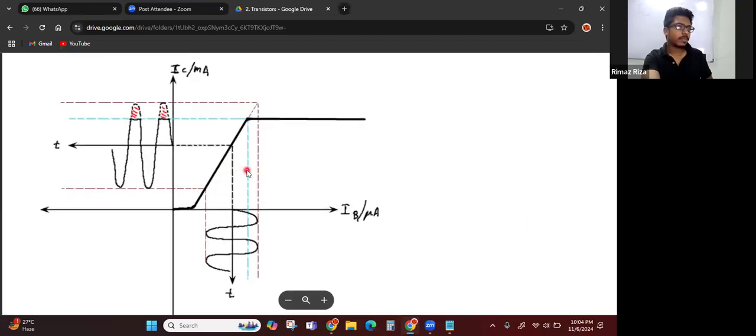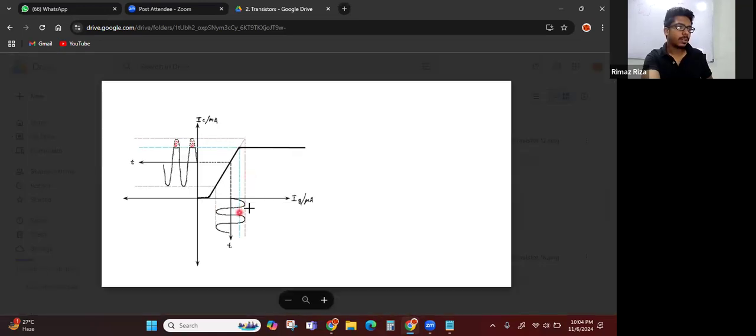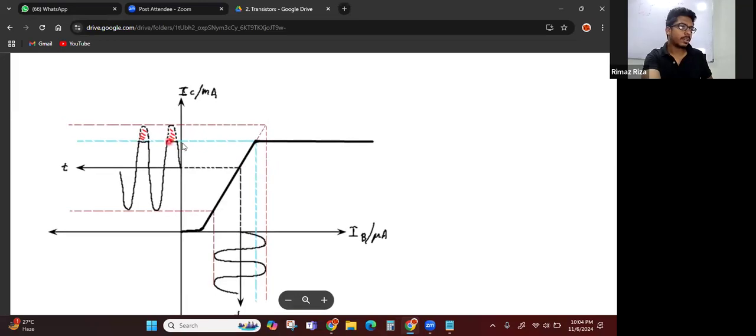What happens if the transistor goes beyond, if it's got saturated when amplifying? So you can see some part of the signal is, what do you call, we can call it as noise. Okay. So there will be small noise.